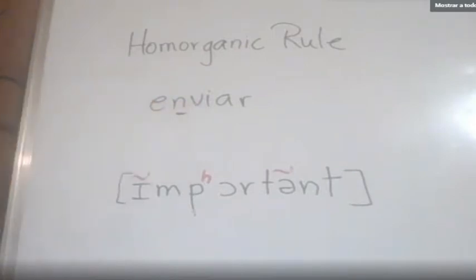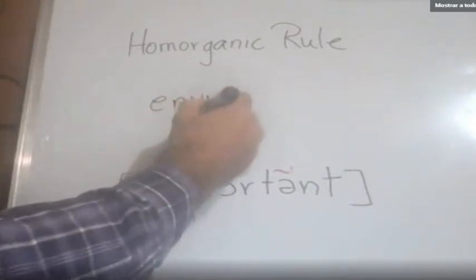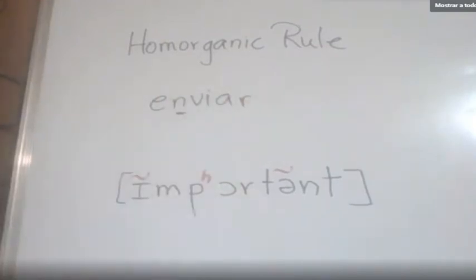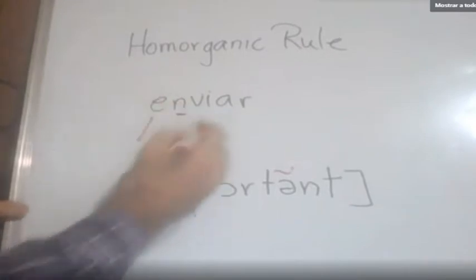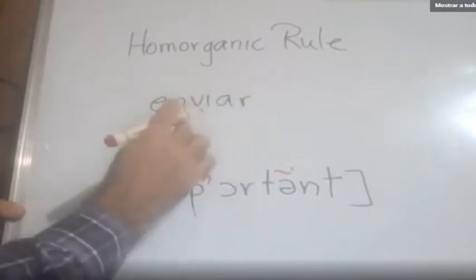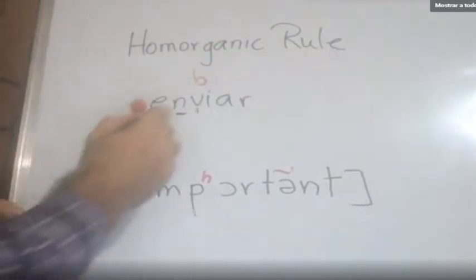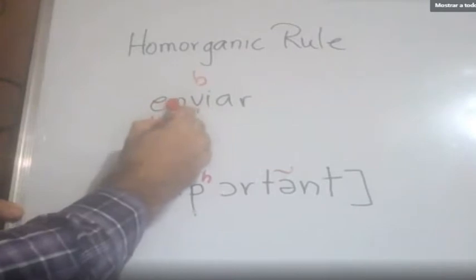since Spanish does not have the V sound, this V sound is pronounced B as a bilabial one, right?